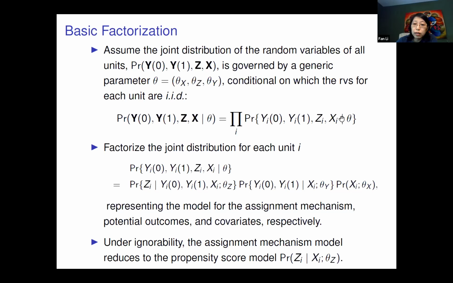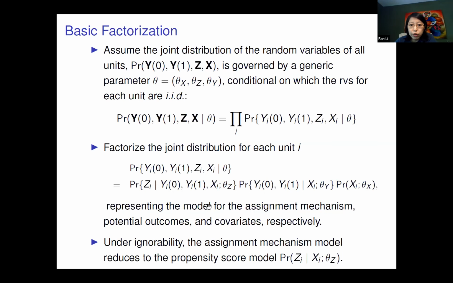So the joint distribution of all these random variables factorizes into three parts: the assignment mechanism, the outcome model, and X itself. Under the ignorability assumption, Y1, Y0 drop out of the assignment mechanism, and this just becomes our old friend, the propensity score, right?